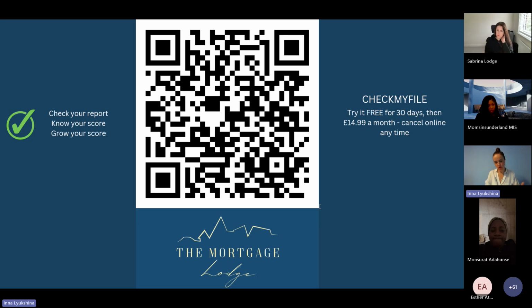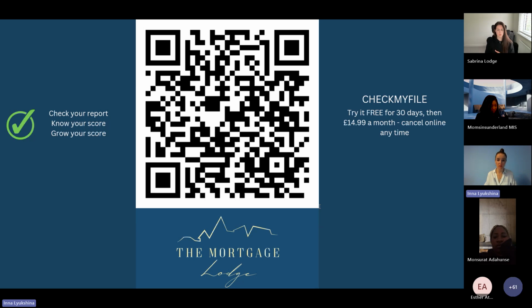The hard search usually happens when you apply for the mortgage, when the full mortgage application is submitted. That's when the lender obviously would want to make sure that they're happy with everything on your file. Same happens when you apply for a credit card and, let's say, you click on the button to submit the application for a credit card with whatever limit. That's when you've got a hard search on your account. This is the law.